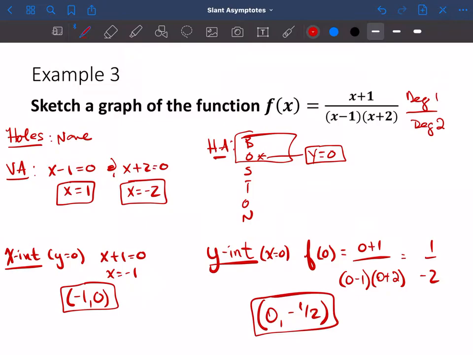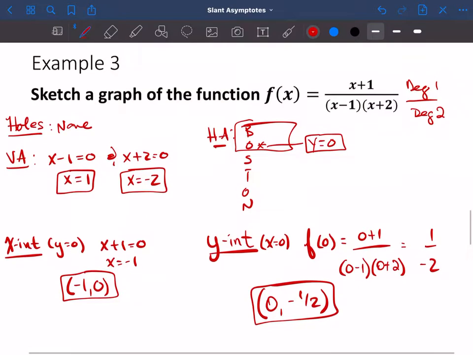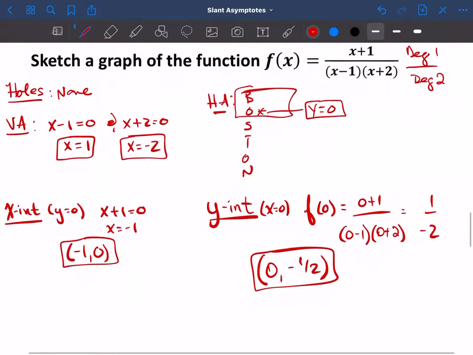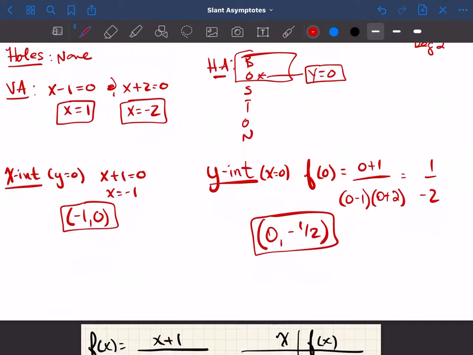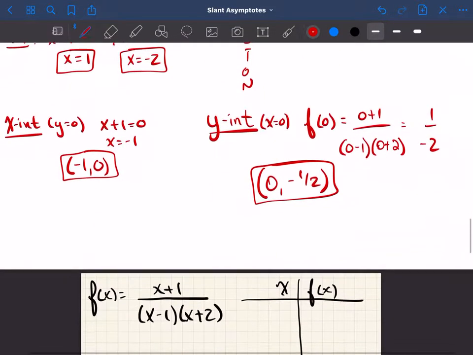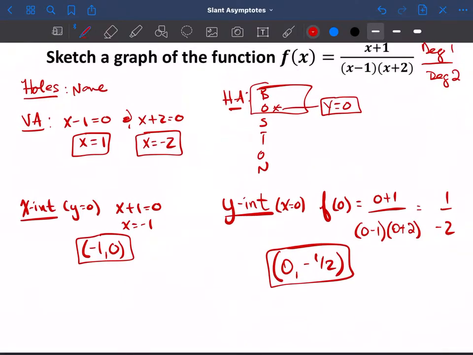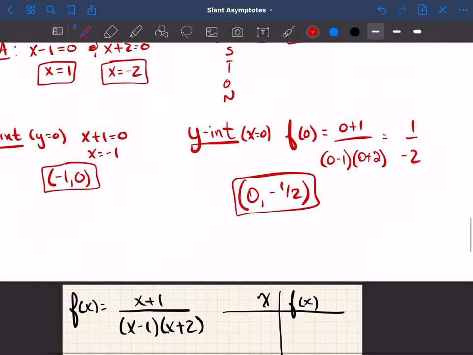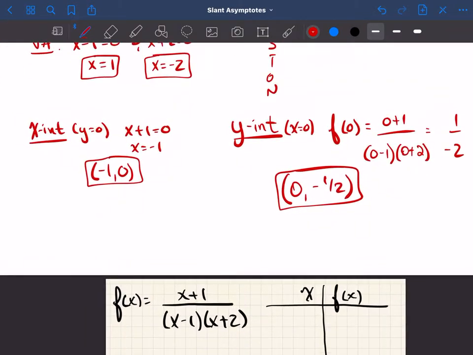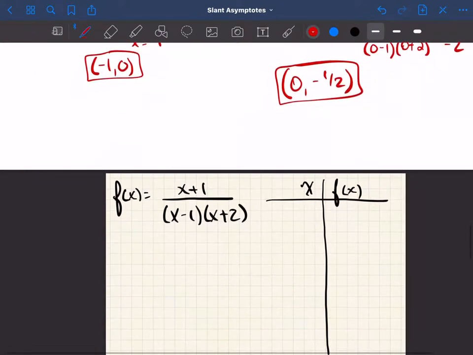So we're going to need a piece of graph paper where you can sketch in your notes. So let's take this. I've already just copied my problem down. And what I want to do is create ourselves a little t-chart of the values that I have. We know that we're going to have vertical asymptotes at 1 and negative 2. So let's go ahead.